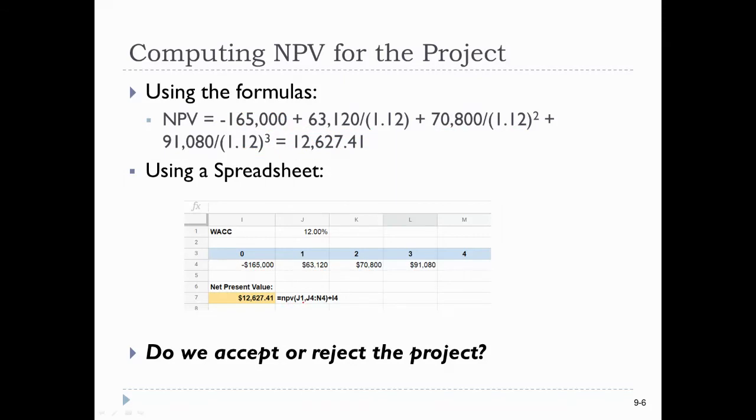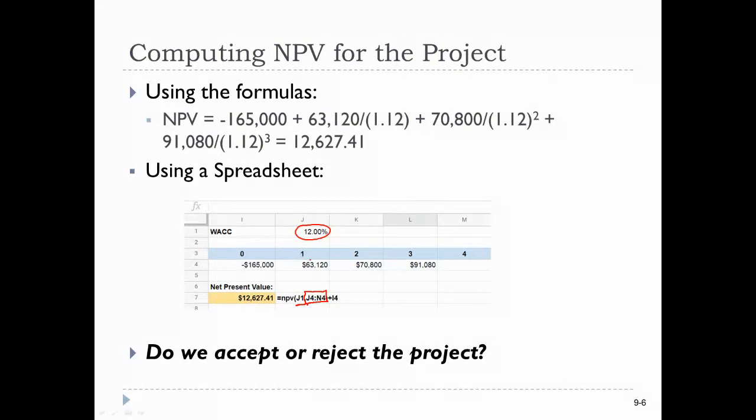Notice that I've given it here, first of all, the discount rate. That was this 12% in cell J1 in this worksheet. That's the cost of capital, the hurdle rate, the discount rate that's applied to those future cash flows. And then I've given it a range of cells here, J4 through N4.